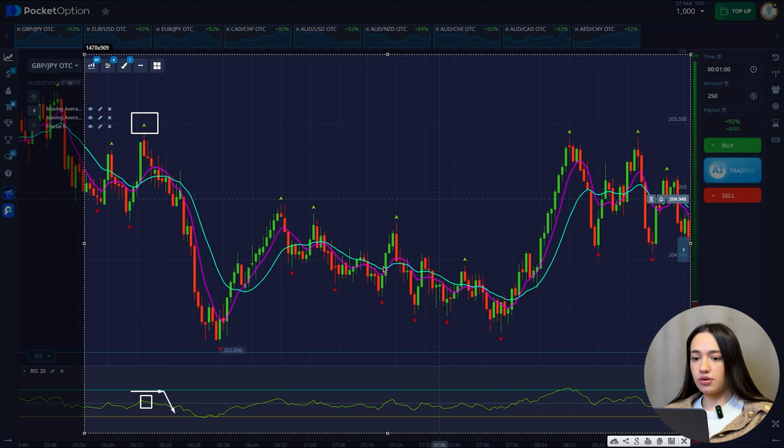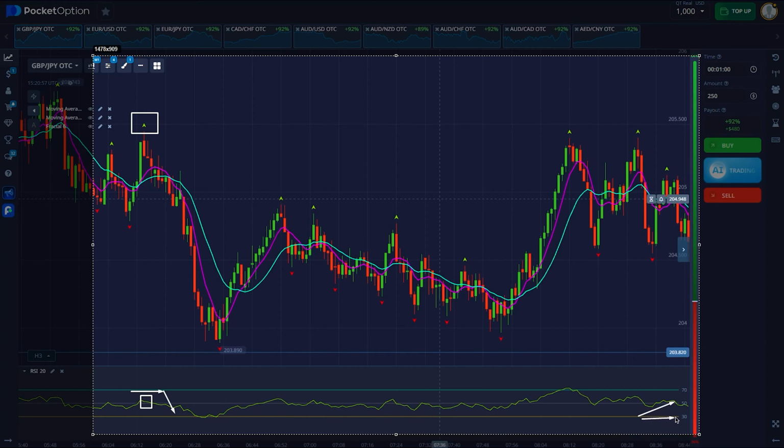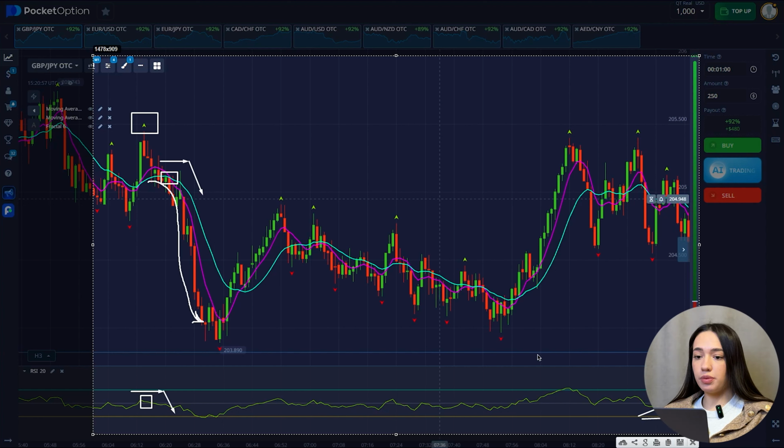And we see that the RSI line moves into the range between 50 and 30 on the oscillator, which confirms bearish dynamic in the near future. And also, in addition to this, if we fix the crossover of the moving averages from top to bottom, we can open a sell trade. And as you can see, after that, the price continued to move downward, and we could easily close the trade in profit. And the exact same logic applies when opening a buy trade.